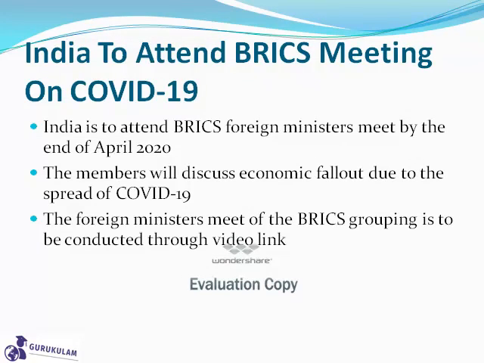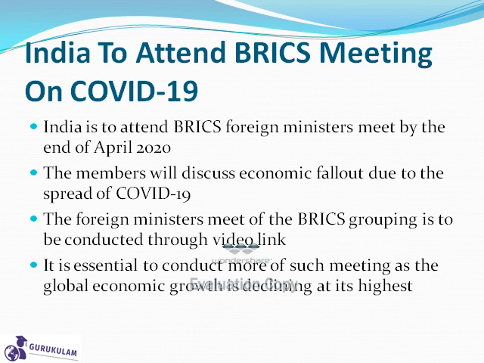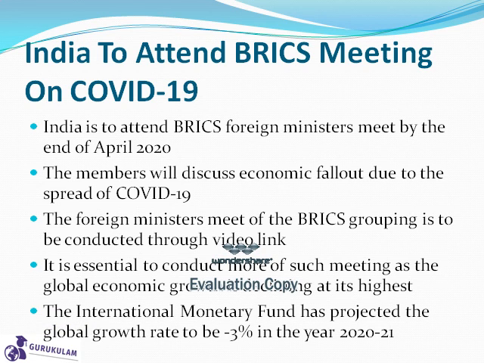It is essential to conduct more of such meetings as global economic growth is declining at an alarming rate. The IMF has projected the global growth rate to be -3% in the year 2020 to 21. So this is very less.